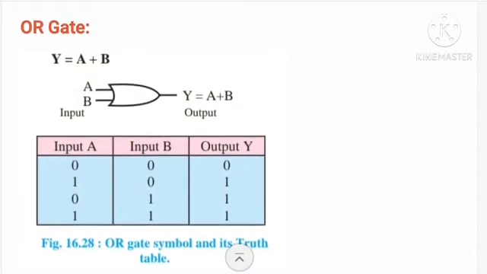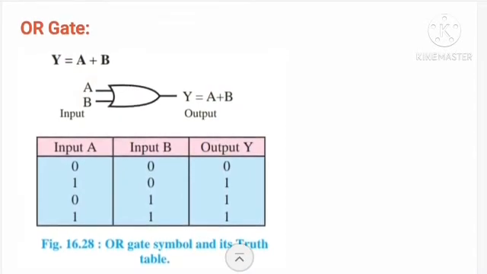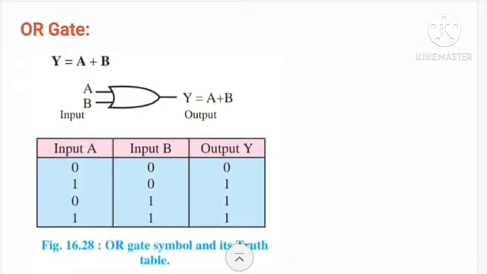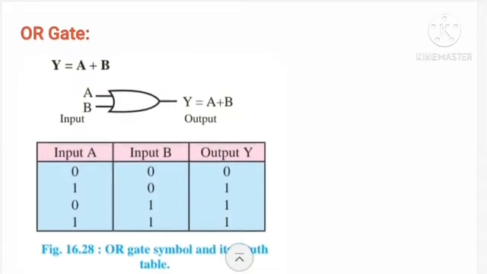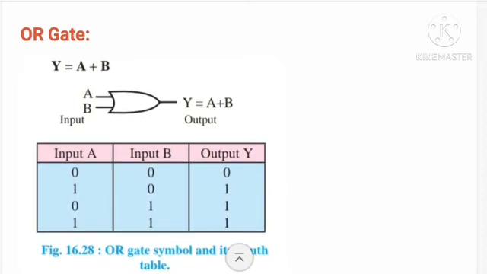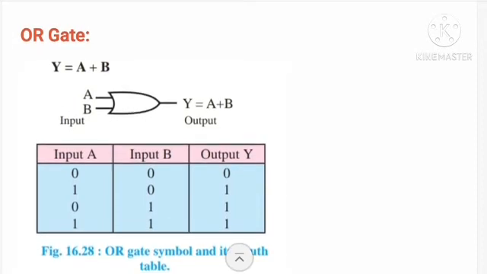So the output is the addition of two inputs, and the symbol for the OR gate is shown in this diagram also. A and B are the two inputs, and its output will be the addition of these inputs. Now in the case of the truth table, whenever one of the inputs is high, we will get output also high.